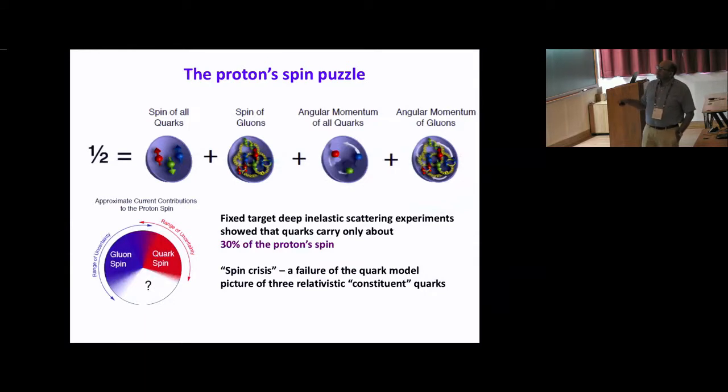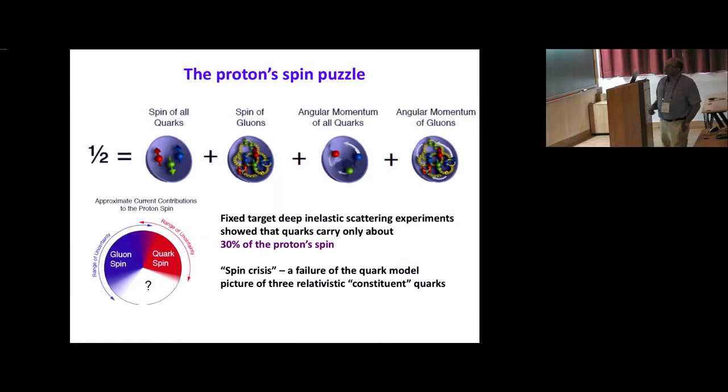What these experiments discovered was that, as this cartoon shows, the spin of 1/2 is possibly due to the spin of quarks, the spin of gluons, the angular momentum of quarks and the angular momentum of gluons. Some combination of all of these gives you the 1/2 of the proton.